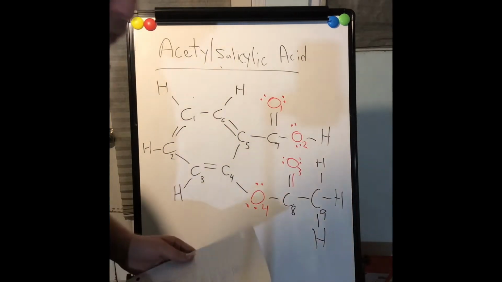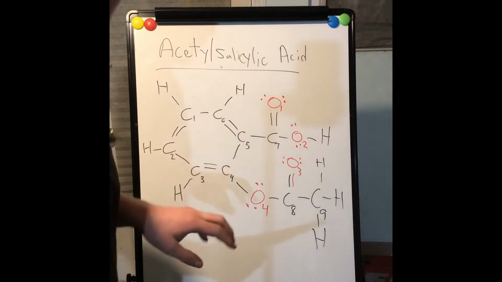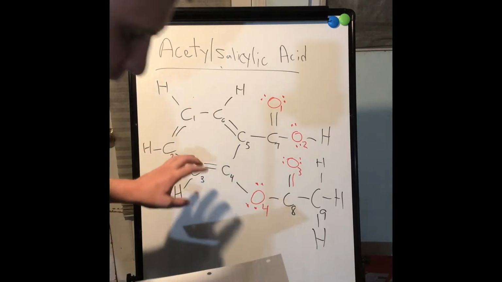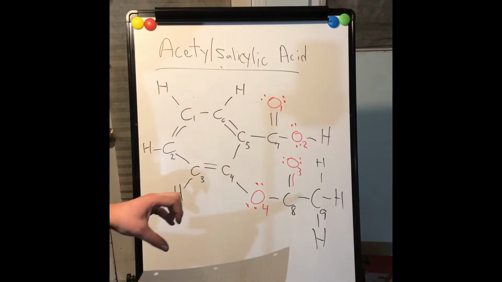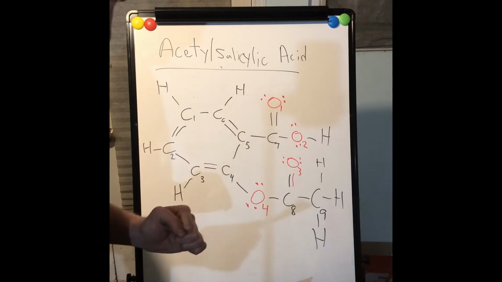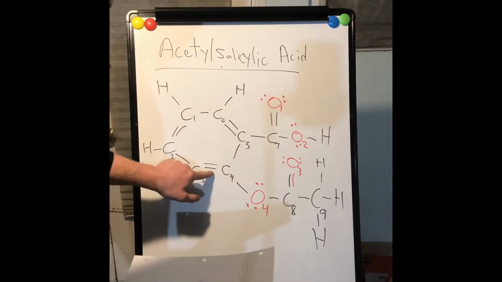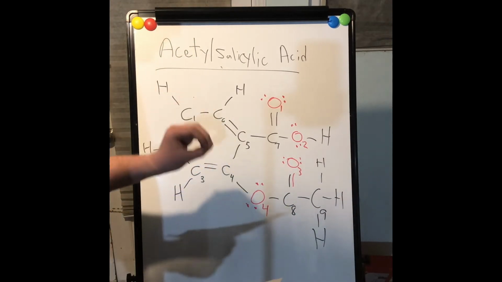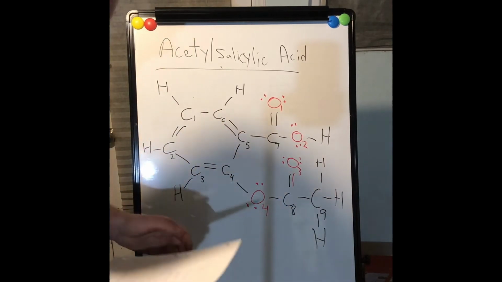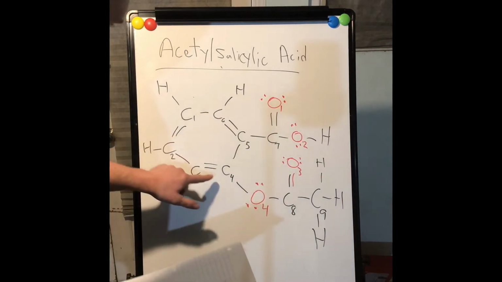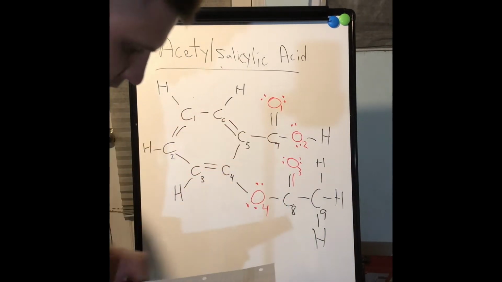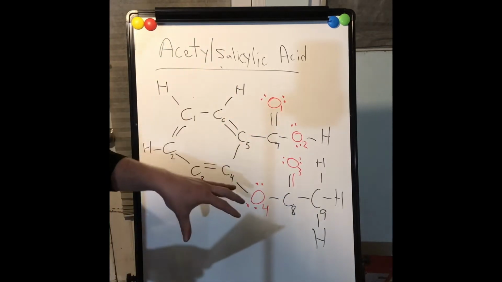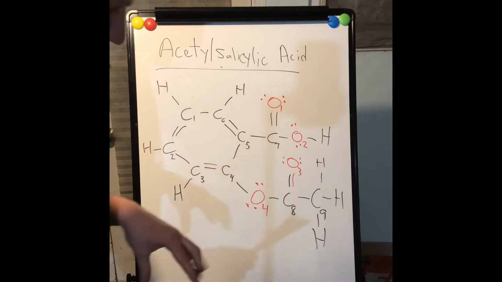So we want to count the bonds. We have to keep in mind that a single bond is 1 sigma bond, whereas a double bond is 1 pi and 1 sigma bond. So we have 1, 2, 3, 4, 5 double bonds, so that's 5 pi bonds and 5 sigma bonds.